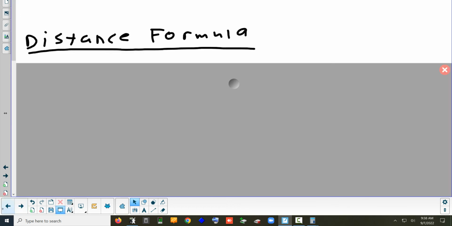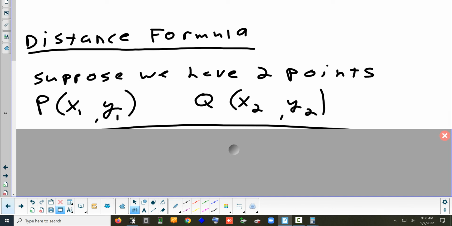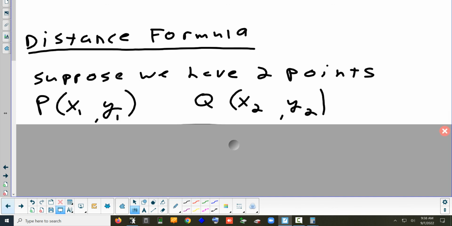Okay, and last thing. So, distance formula. The distance formula is basically a way, if you had 2 points like this, to figure out how far apart they are.